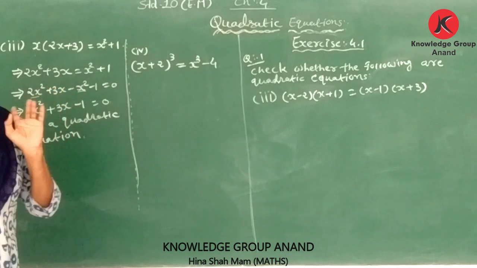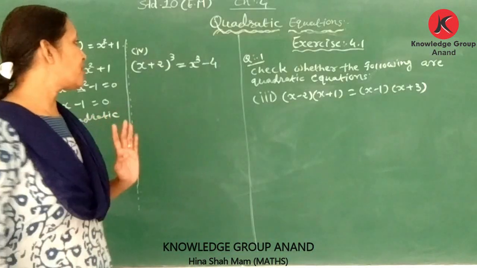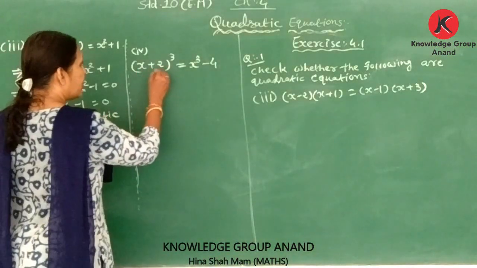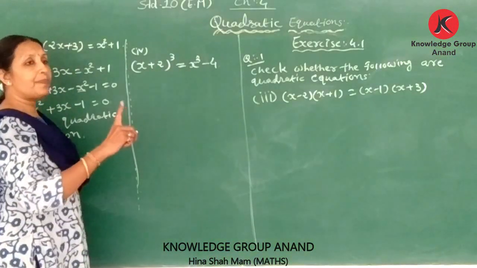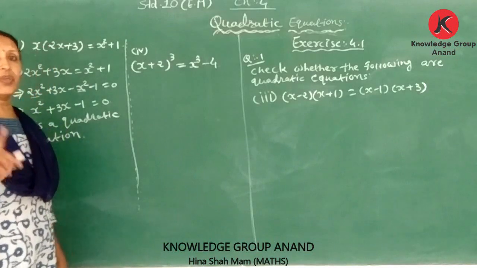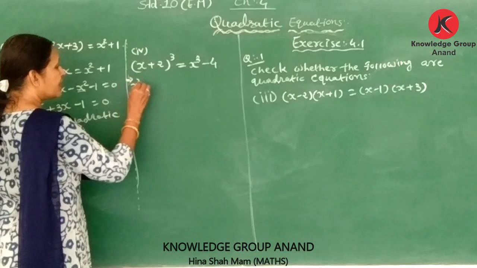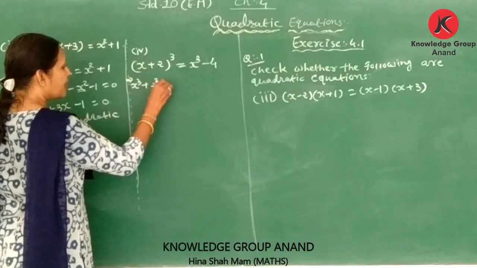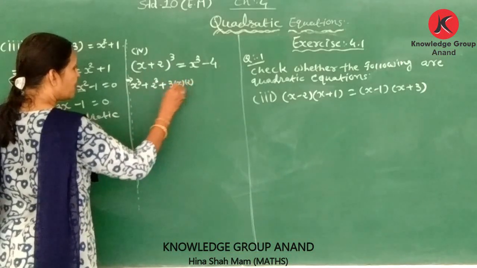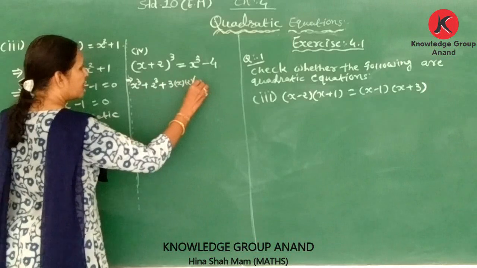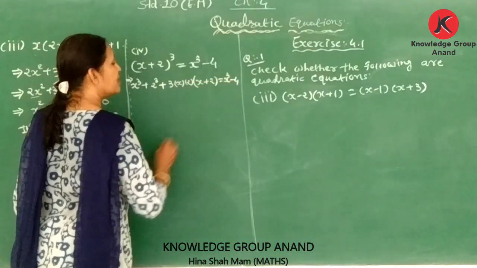But now first we simplify this question and then say whether it is quadratic or not. x plus 2 whole cube, the formula for a plus b whole cube is a cube plus b cube plus 3ab into a plus b. Here we write x cube plus 2 cube plus 3ab. In this formula, into bracket x plus 2 is equal to x cube minus 4.